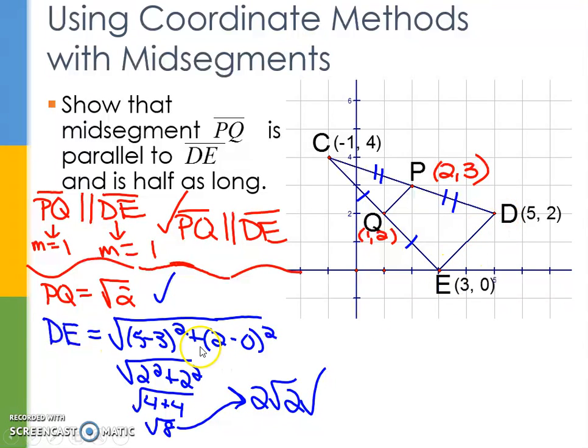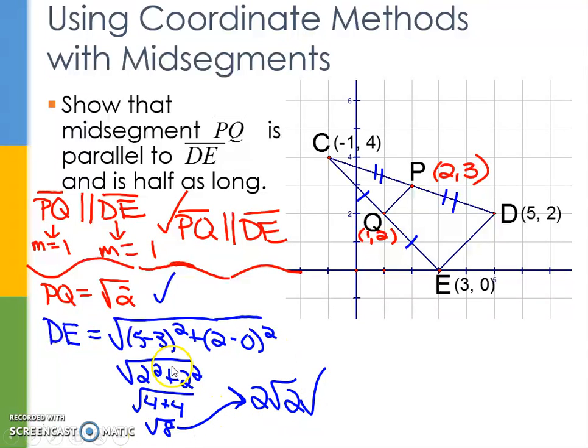You're going to use that for the distance formula. So 5 minus 3 is 2. 2 squared is 4. 2 minus 0 is 2. 2 squared is 4. So 4 plus 4 is 8. The square root of 8 is the same thing as 2 radical 2. So the square root of 8, divided by 2.